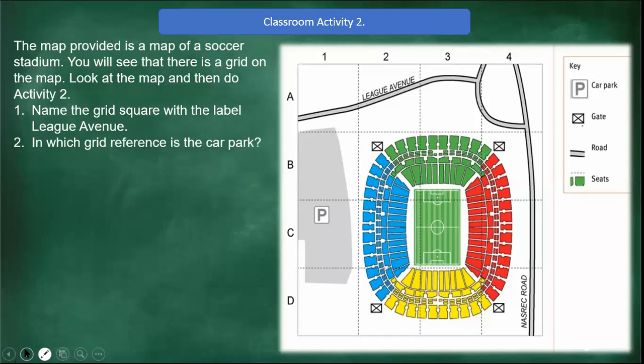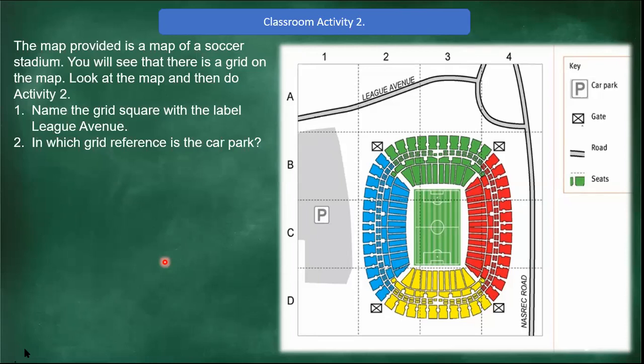In which grid reference is the car park? Michaela. C1. That's correct. Zoe?